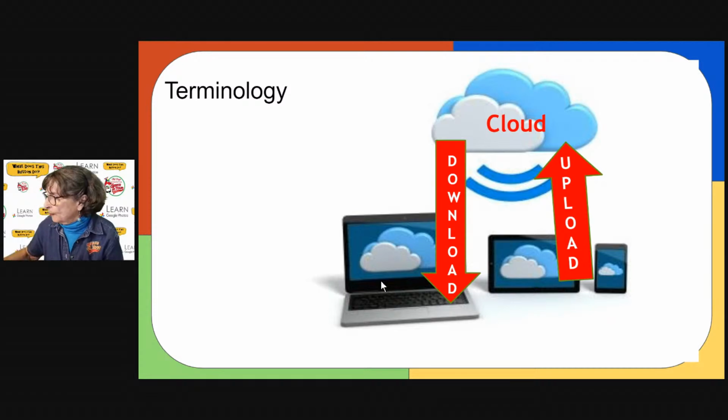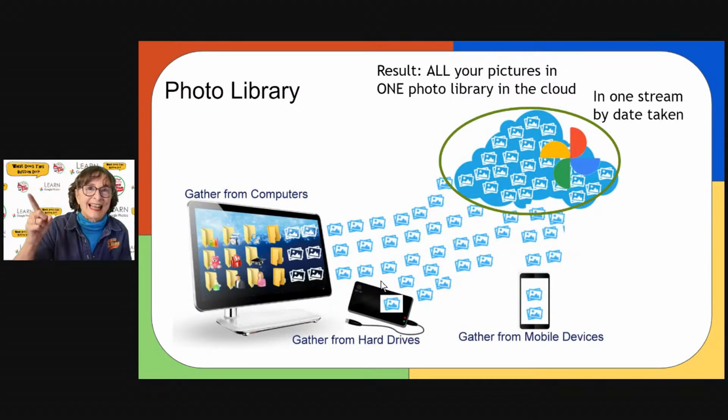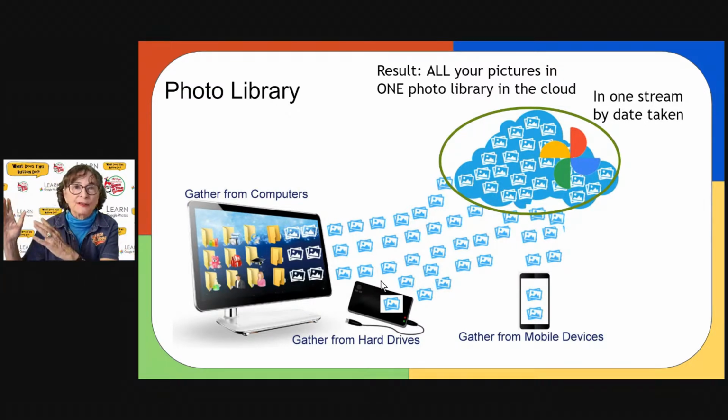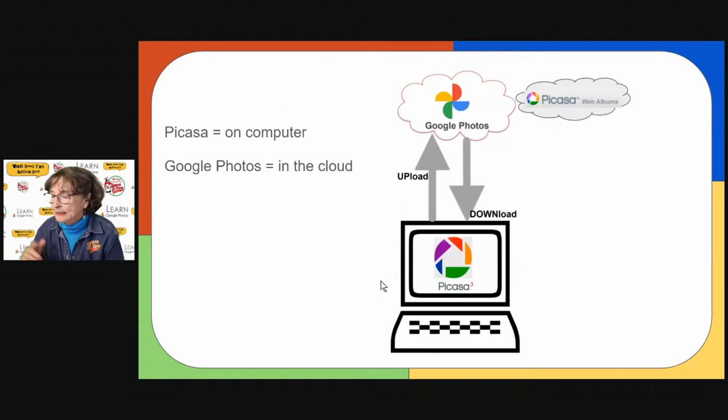So Google Photos is in the cloud, and your job is to get your photos from all your devices up to the Google Photos cloud. Picasa was on your computer, and the photos that it looked at were on your computer. So unless you have uploaded them, they're not in Google Photos cloud.